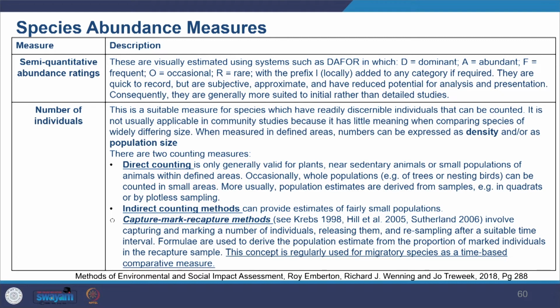So you have certain formulas which are used for this, and we're not going into the details of it, but just to know that this method is available, capture mark recapture. And this method is regularly used for migratory species as a time-based comparative measure. So you take care of that.